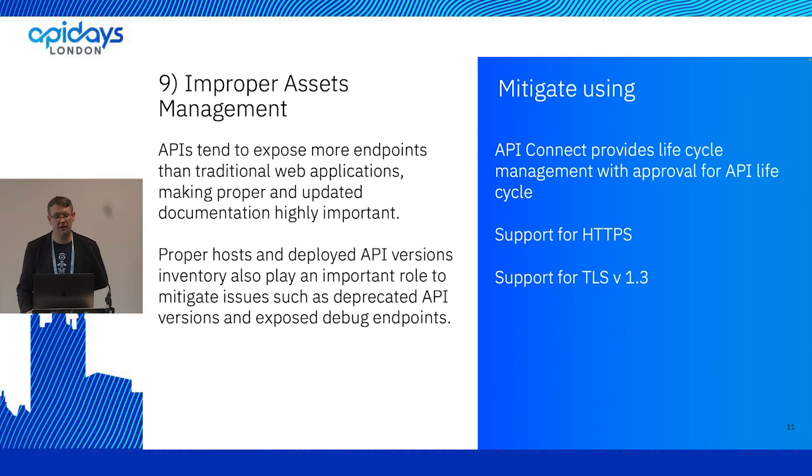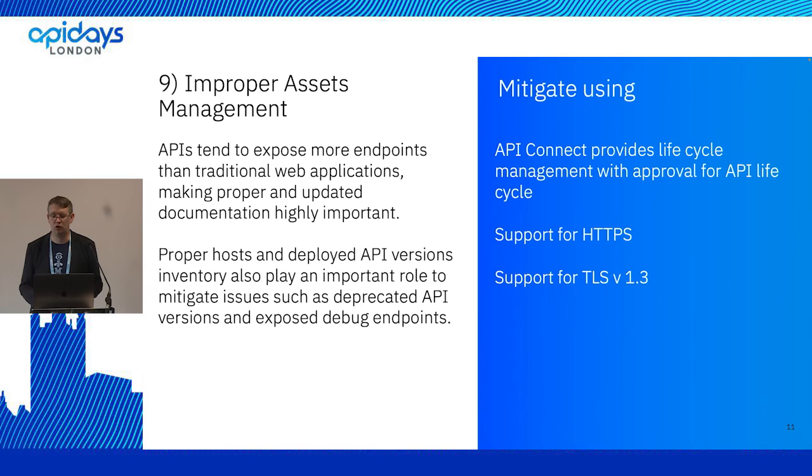So the next one, improper assets management. It's easy to expose more and more endpoints as APIs as you can just build out functions. It's very often that we get more content exposed through APIs and more functions and methods than you'd have in a traditional application because you're building them out for the future rather than necessarily just what's needed now.